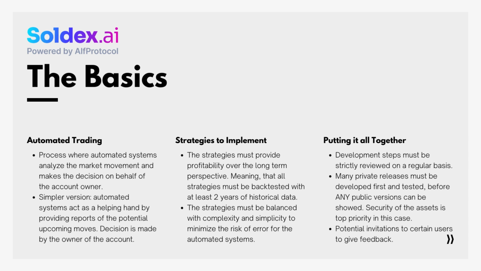This is simply a process where certain automated systems analyze the market movements and make decisions on behalf of the account owner, meaning that if you enable our automated trading system to work on your account with your capital, the fully automated system will make decisions, certain buy or sell or long or short positions.